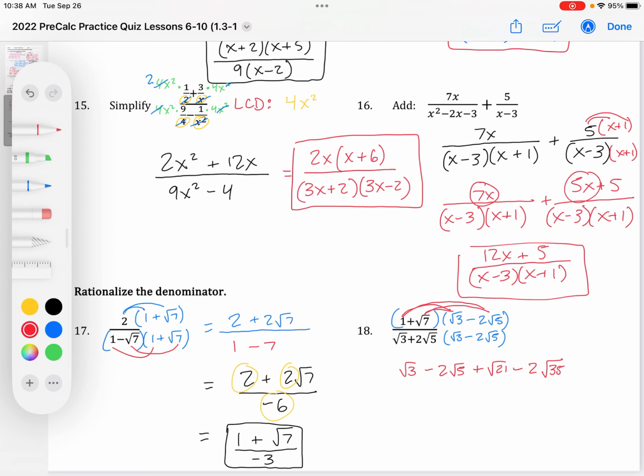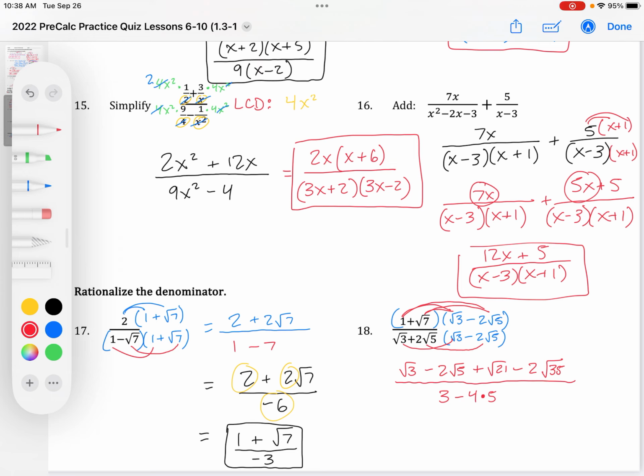So you just multiply the root parts together. In the denominator, when you multiply by a conjugate, again, you can just do the firsts. So root 3 times root 3 is just 3. And the lasts, 2 times 2, that's going to be a minus 4. And then root 5 times root 5 is 5, so that turns into 4 times 5.